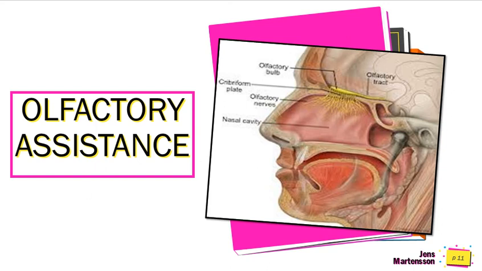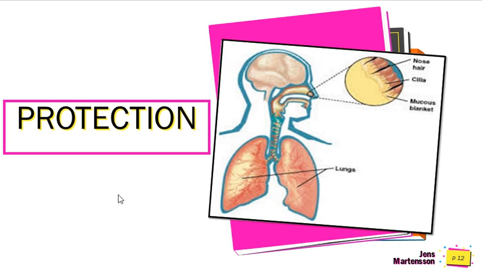Next, we have protection. So the respiratory system also gives us protection against inhalation of dust and other particles. So our nose has the presence of hairs, cilia, and mucous blanket.